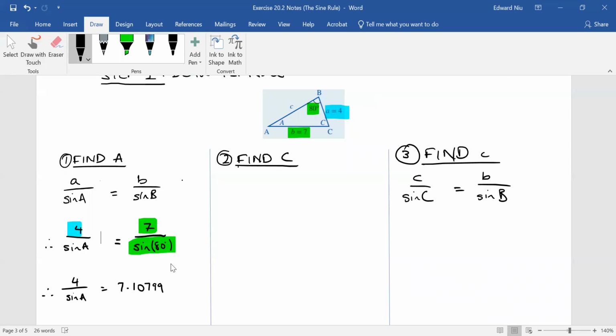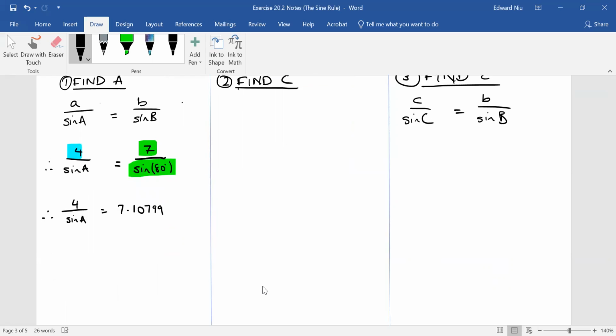Now we can get 4 by itself and multiply both sides by sine A, and then divide both sides by 7.10799.